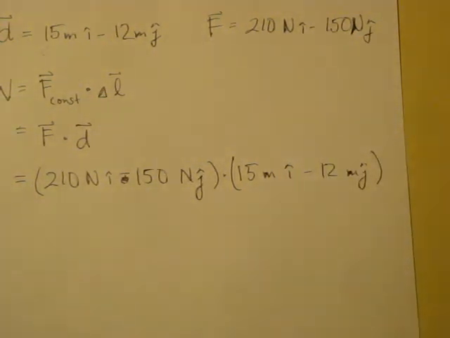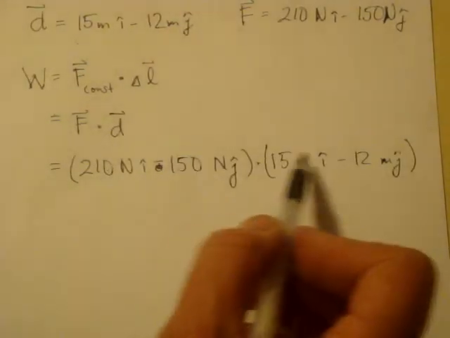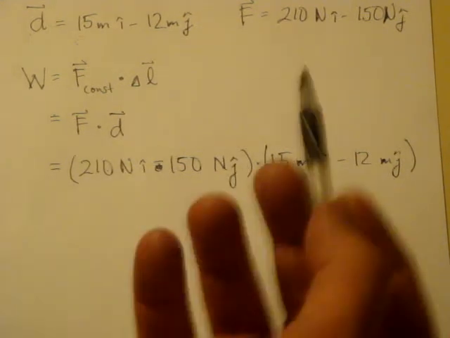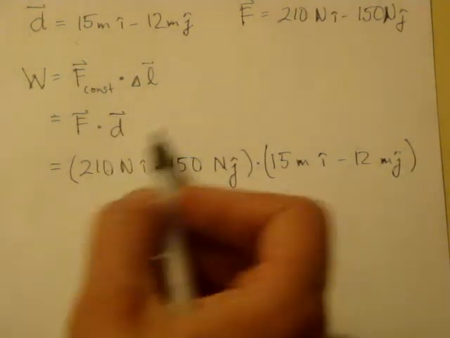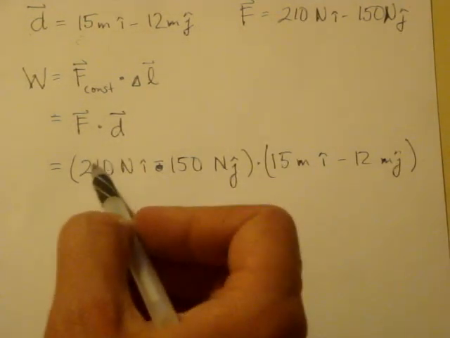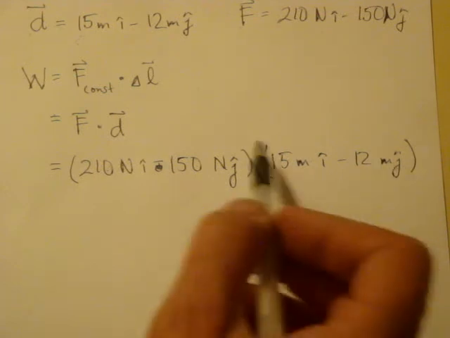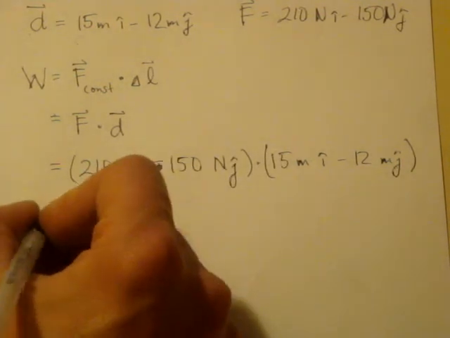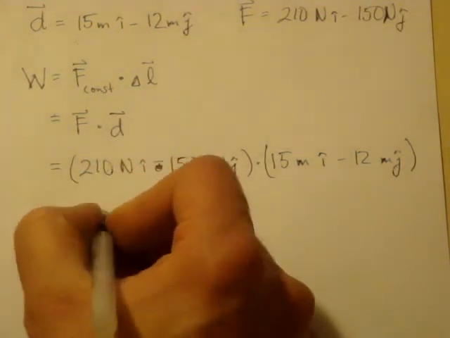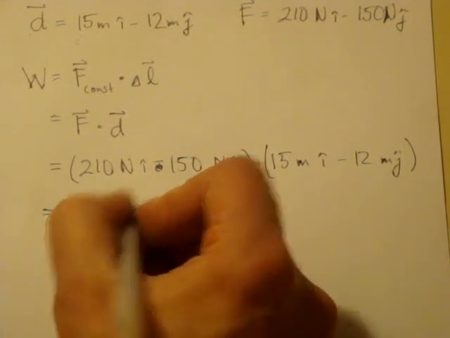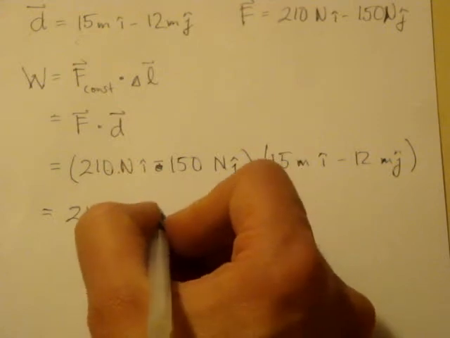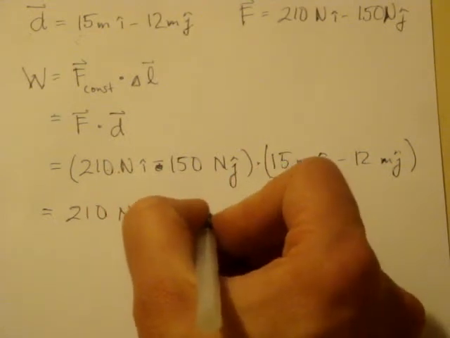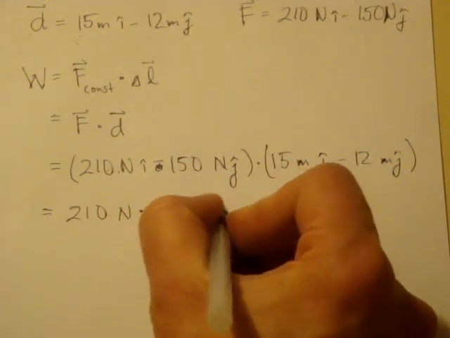Like we showed in class, we can take the components of these and multiply just like you might do in 8th or 9th grade algebra, where you multiply the first, the last, the outsides, and the insides. The first quantities would give us 210 newtons times 15 meters, and that would be I-hat dotted into I-hat.